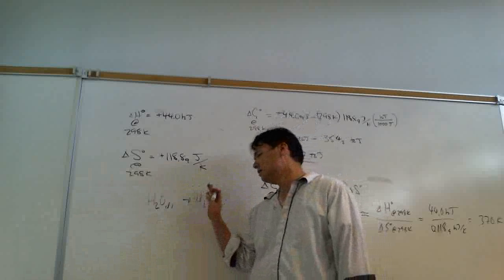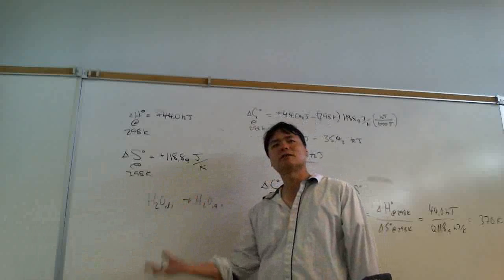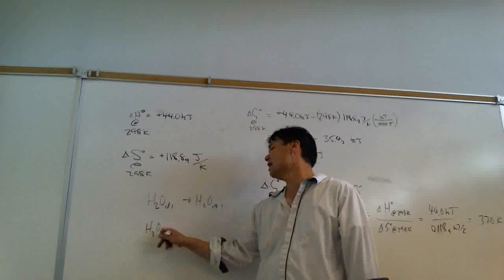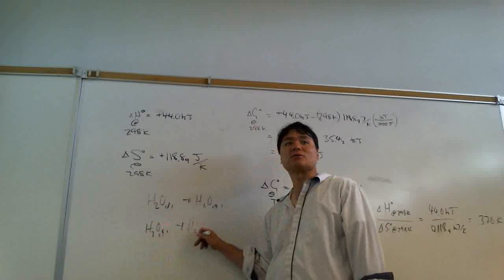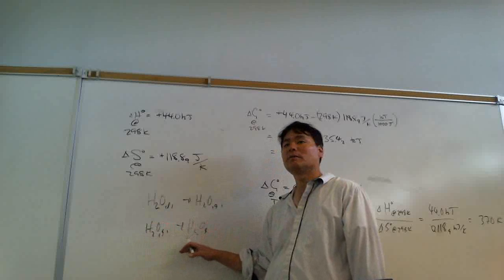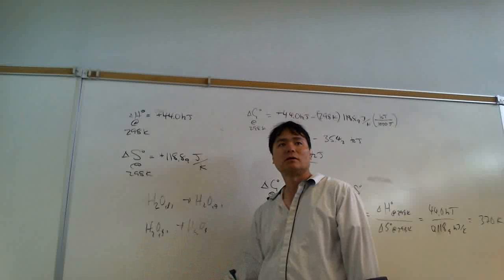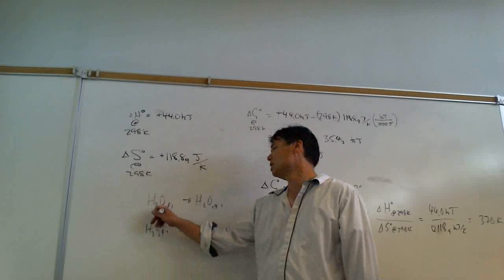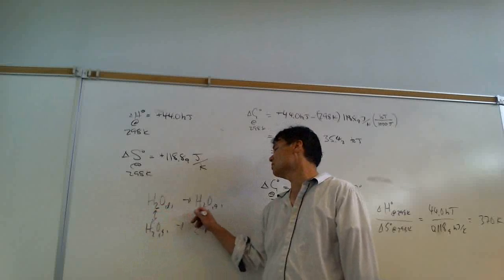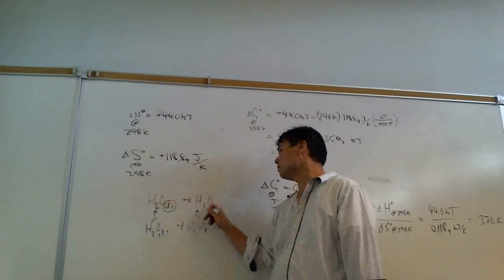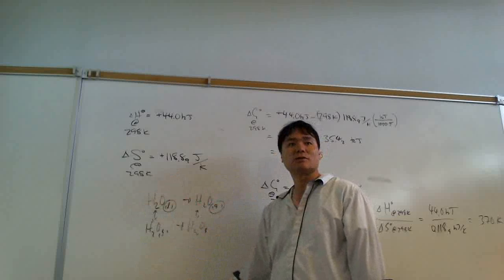But let's say you drop the temperature too low or raise the temperature too high. Then you'll go from H2O liquid to H2O gas if the temperature is too high, or you'll go from H2O solid to H2O liquid if the temperature is too low. And so this is what I meant if there's a change in state of the reactants or a change in state of the products. But if the reactant state stays the same and the product state stays the same, then we're going to use it.